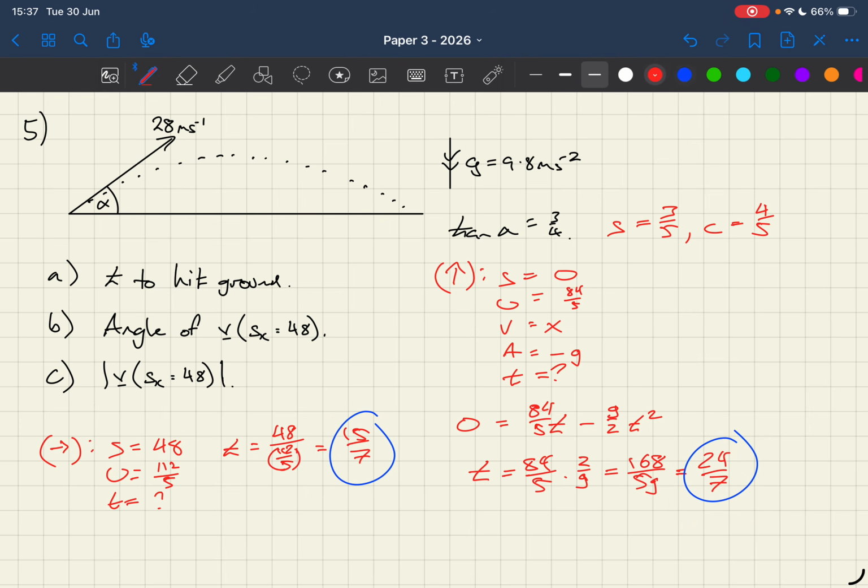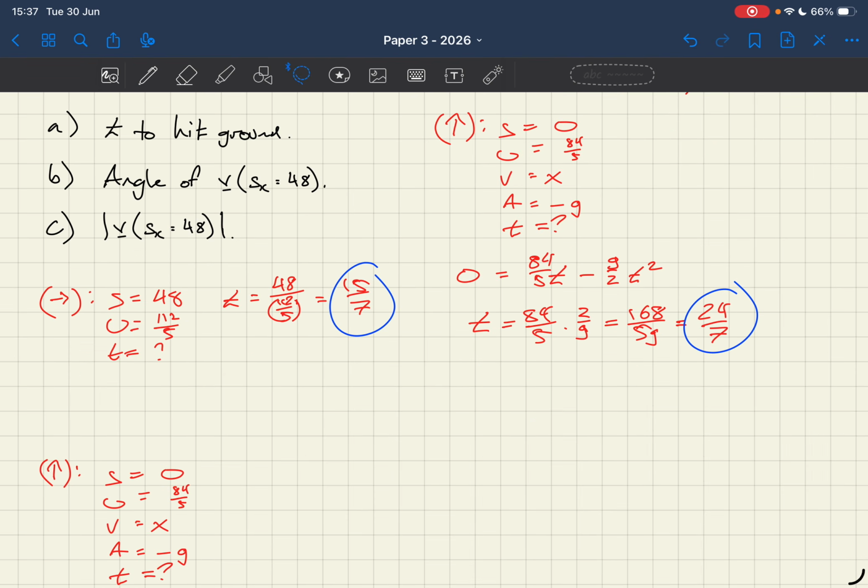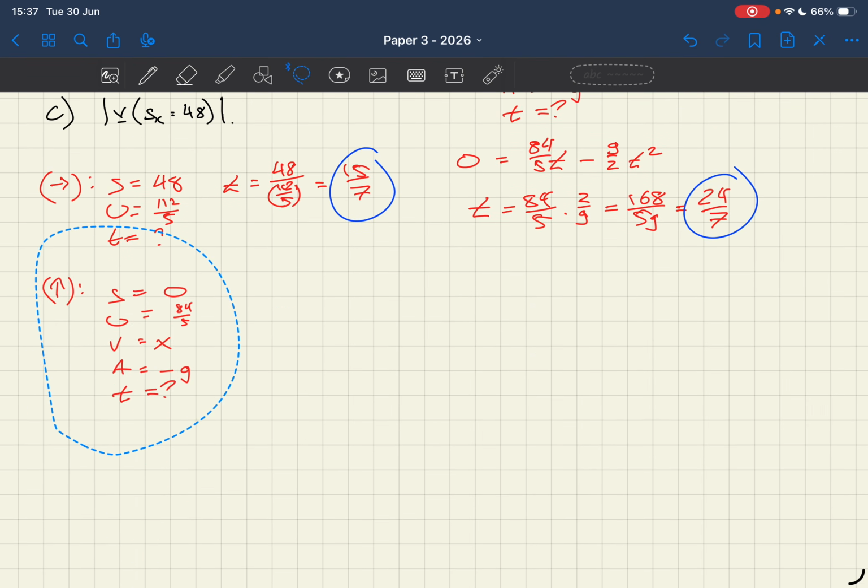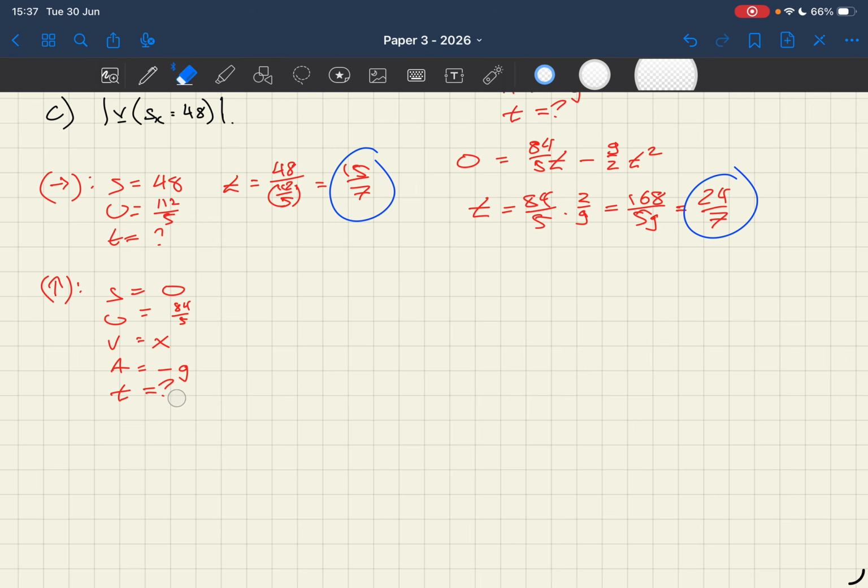So that's good. We now take that and sub that into a suvat for this one. So the time that we have now is not unknown, it is that 15 on 7. G still will be that, sorry. We want to find the velocity, and we don't care about the position. So when we don't care about position, v equals u plus at, and v is what we're looking for.